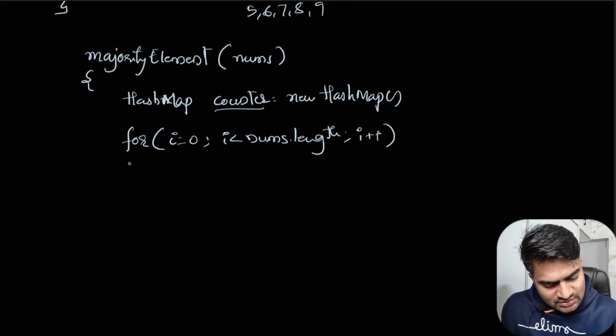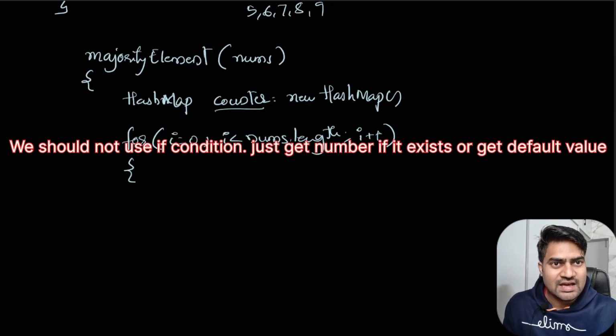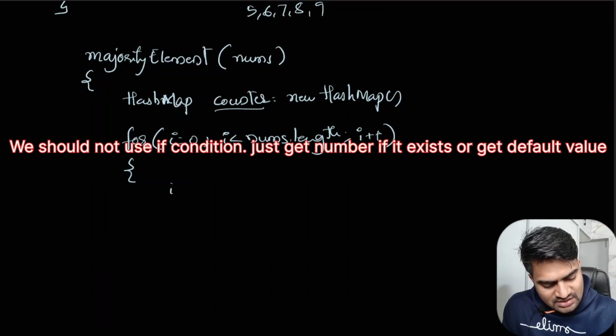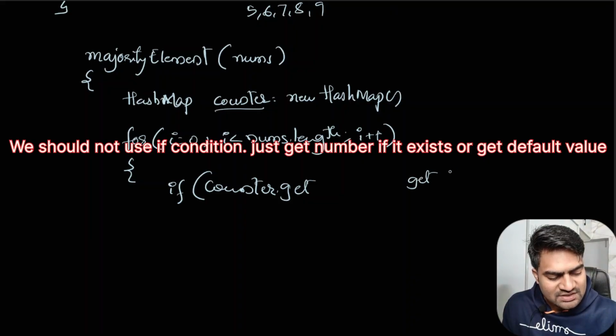With this, I will check if the number is already there in the counter, then I will increment the count. If counter.get, in some languages it is get and in some languages it is getOrDefault.